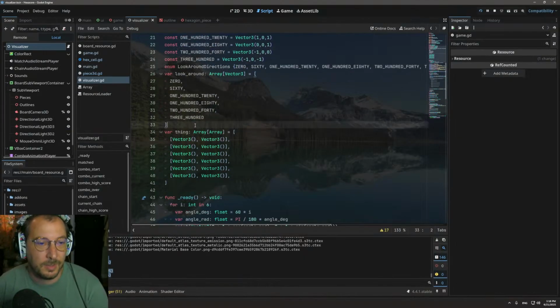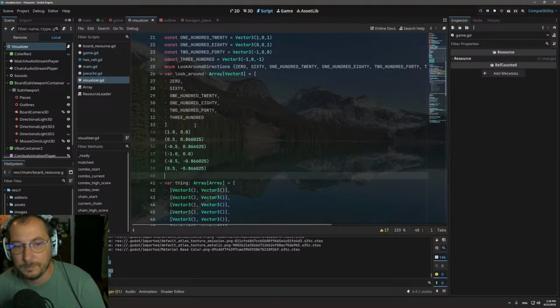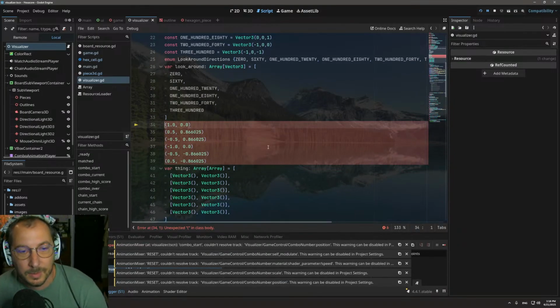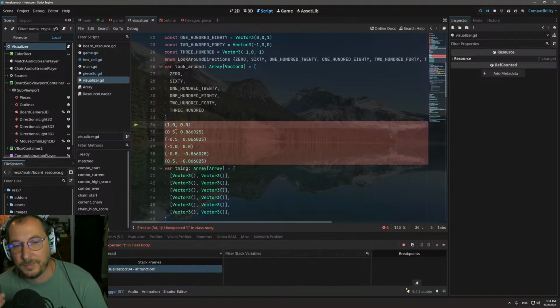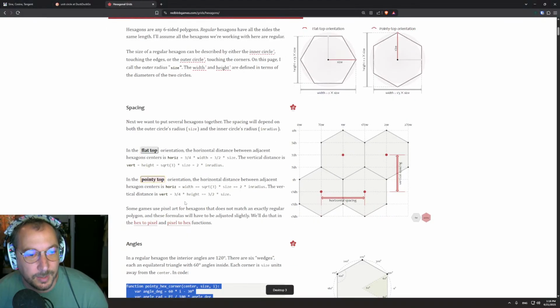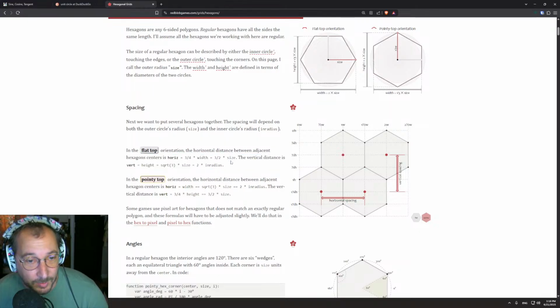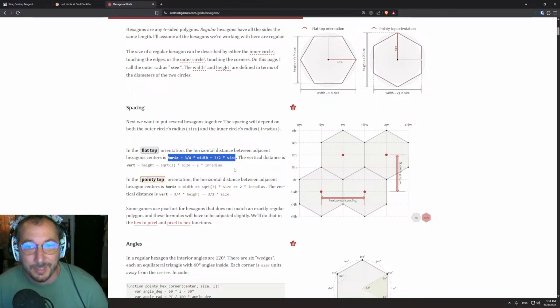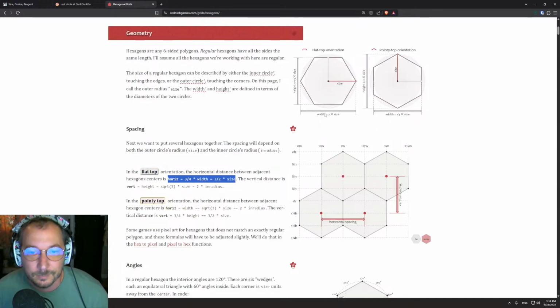This is the hard-coded math we're going to plug in here. And it's still not quite right because we do have to adjust it for this bonkers, whatever this is about. So we have to do that. But width equals 2 times size.